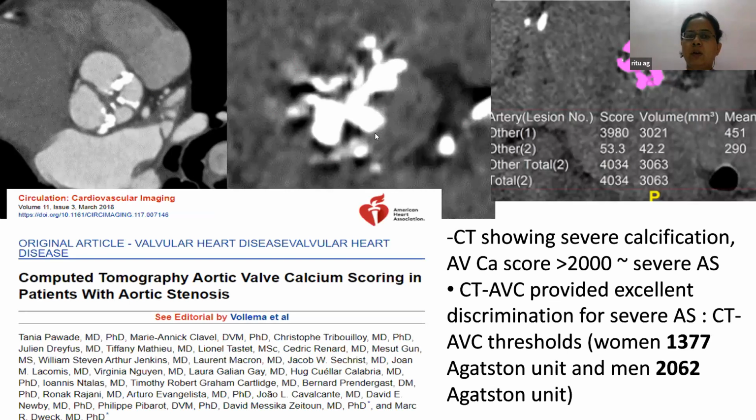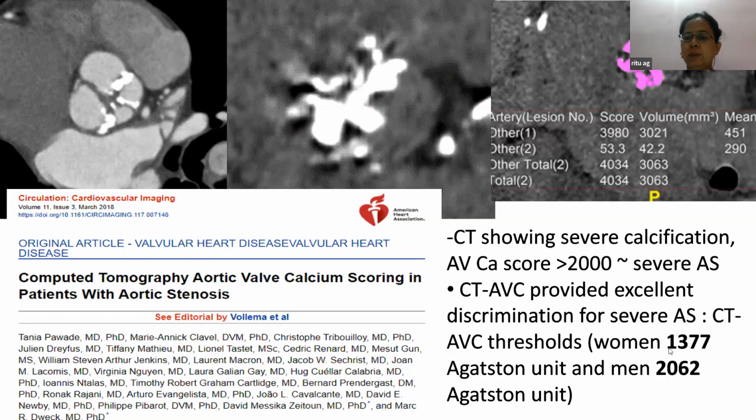Now we can also do a non-contrast CT and calculate the calcium score on it. There is very interesting data over multiple articles showing that if the calcium score is more than 2000, then we are dealing with a case of severe aortic stenosis. This is important because by doing a simple calcium score, we can quantify the degree of stenosis in these patients.